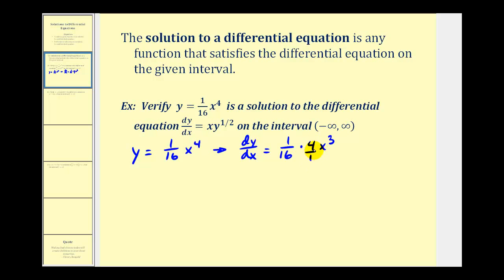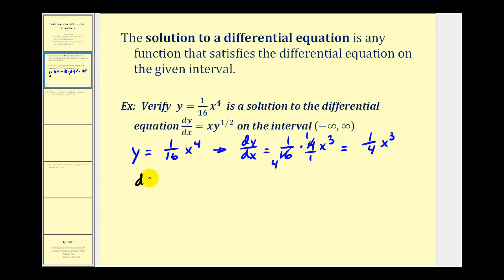So the same as 4 over 1, so this here is going to simplify. There's one factor of 4 and 4, and 4 factors of 4 in 16. So dy/dx is equal to 1/4 x to the third. So now we have enough information to verify that this function is a solution to this differential equation.